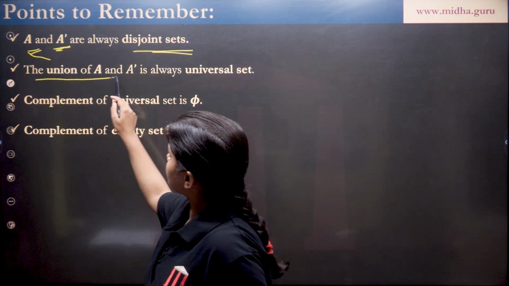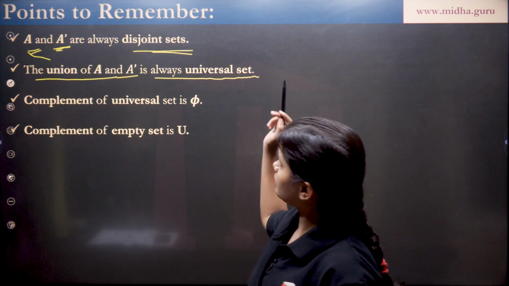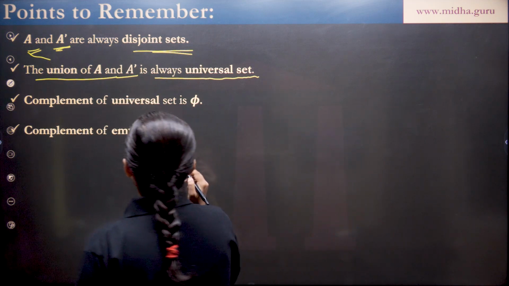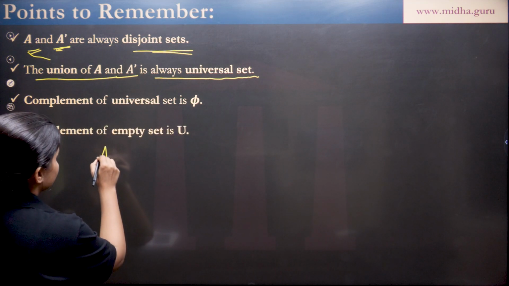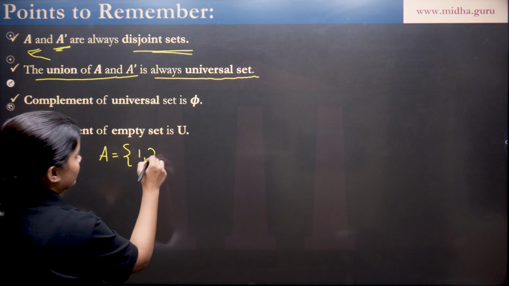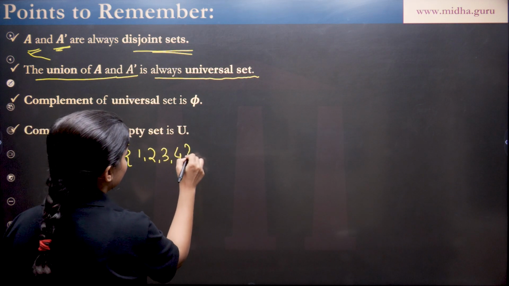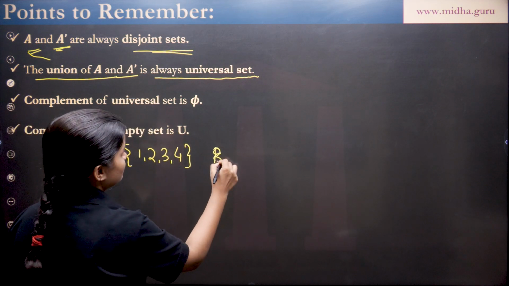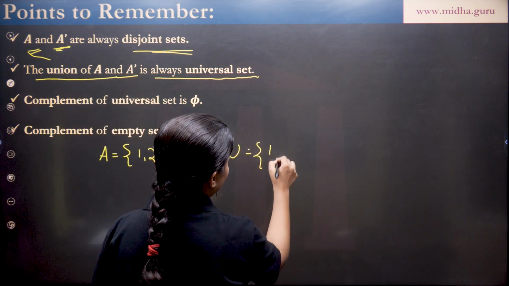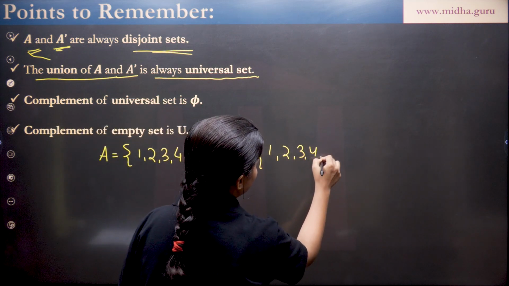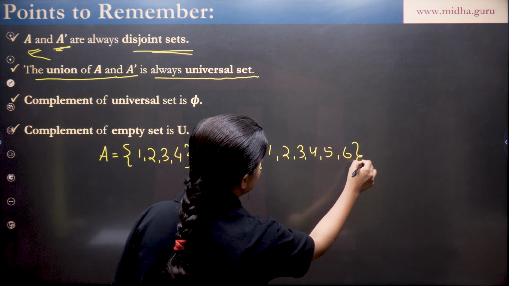Next, the union of set A and A dash is always the universal set. Let's understand this with the help of an example. Let us say set A is 1, 2, 3, 4 and the universal set is 1, 2, 3, 4, 5, 6.